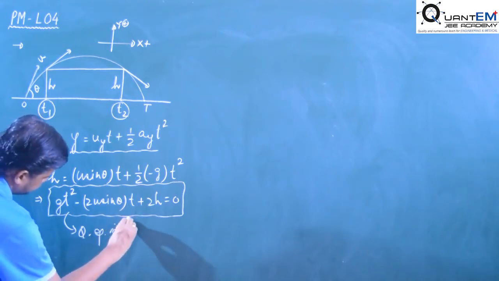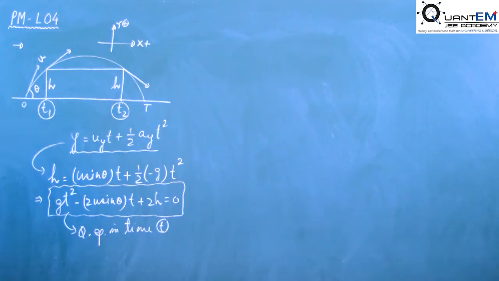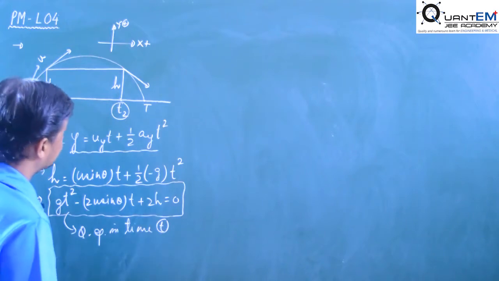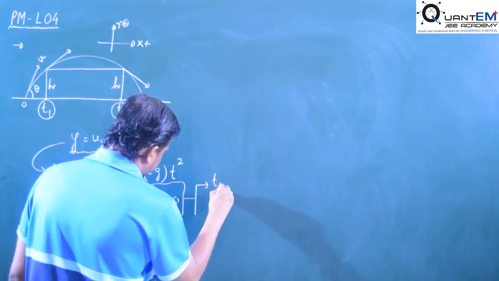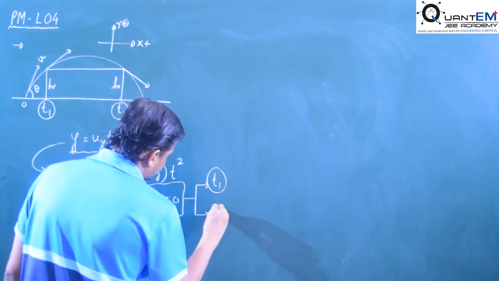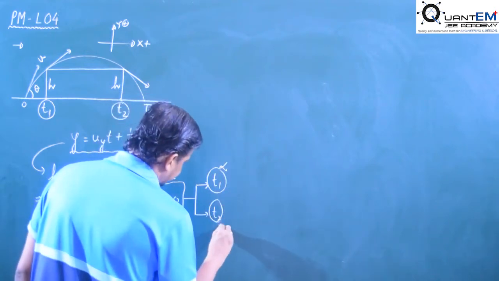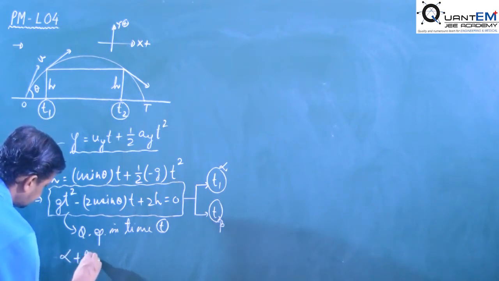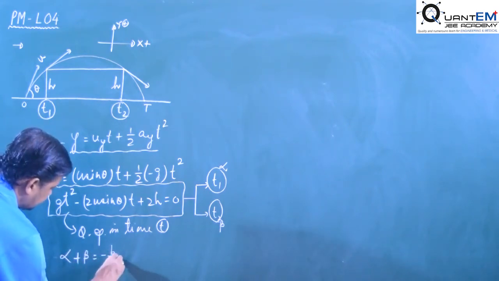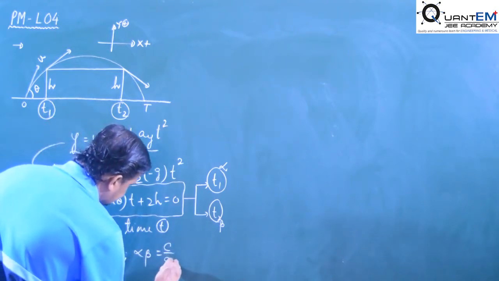So we have two roots of the quadratic equation. So compare it with ax square plus bx plus c and get the times. So one root we have t1 and the other root we have t2. Suppose t1 is in place of alpha and t2 is in place of beta. So what is alpha plus beta we have? It is minus b by a. And what is alpha beta? That is c by a.